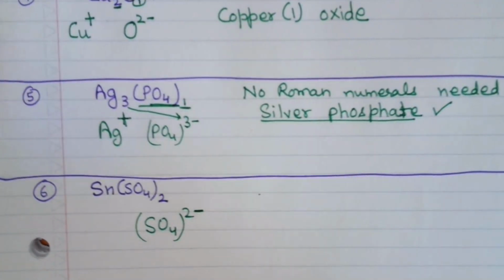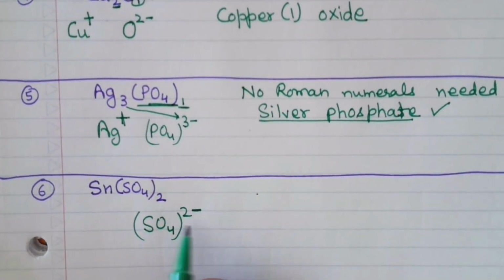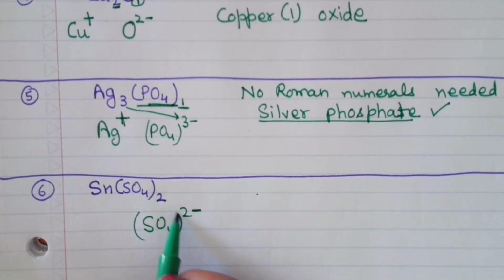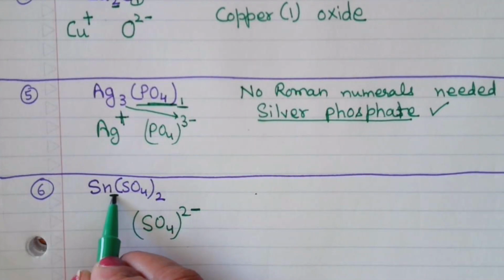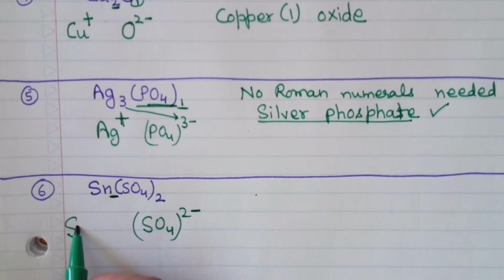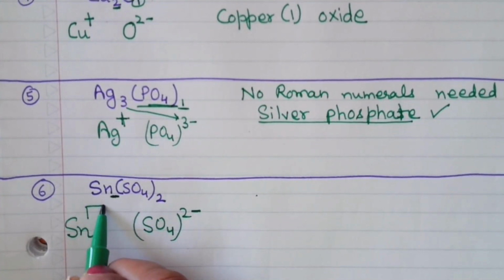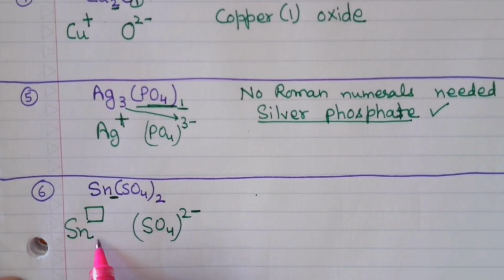Since sulfate has a charge of 2 minus, and this 2 minus should be a subscript on tin, but tin does not have any subscript, right? So there's no subscript on tin. So how do I figure out the charge on tin? Since there is no subscript on tin, it should have been 1, right?